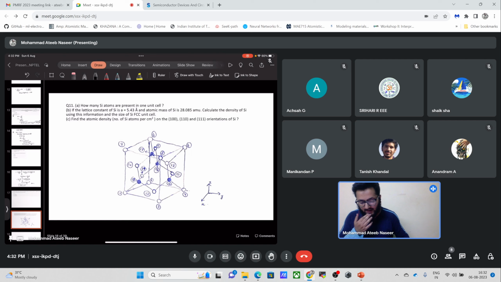Can anyone among you tell me how many atoms are present in this one unit cell? For the silicon case, let's not just see this picture. You just tell me how many atoms are present in one unit cell, for the conventional thing that you are seeing in the lectures that the professor told you.